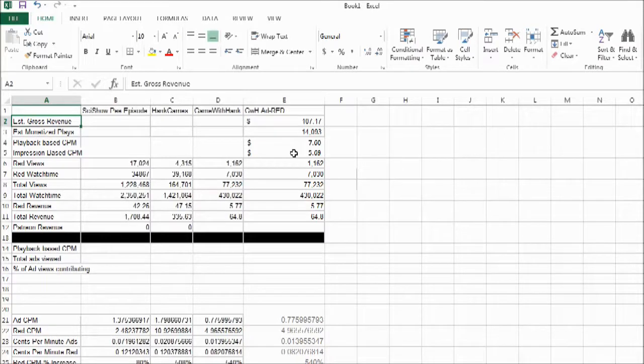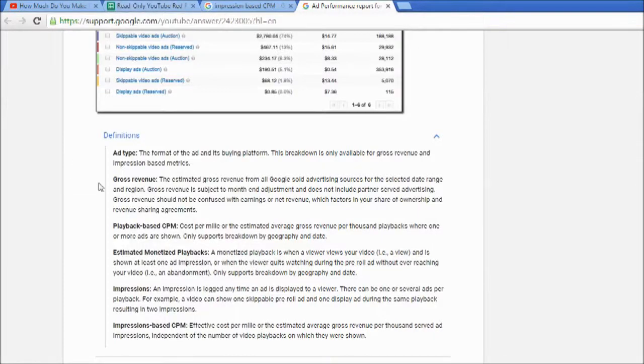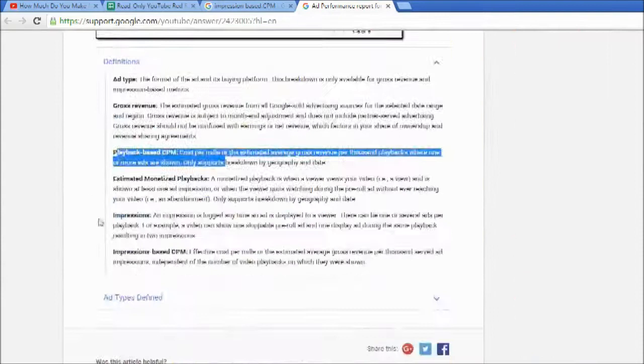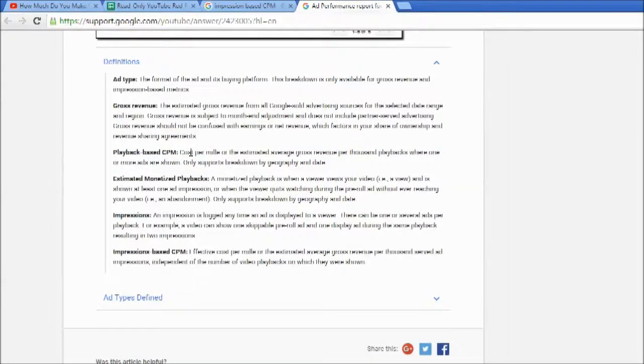So really, in the video you also asked what these even mean, because they're not a normal way of keeping track of CPM. So I did a little research, and I saw here that playback-based CPM, according to YouTube itself, is the cost per mil, or the estimated average gross revenue per thousand playbacks where one or more ads are shown.